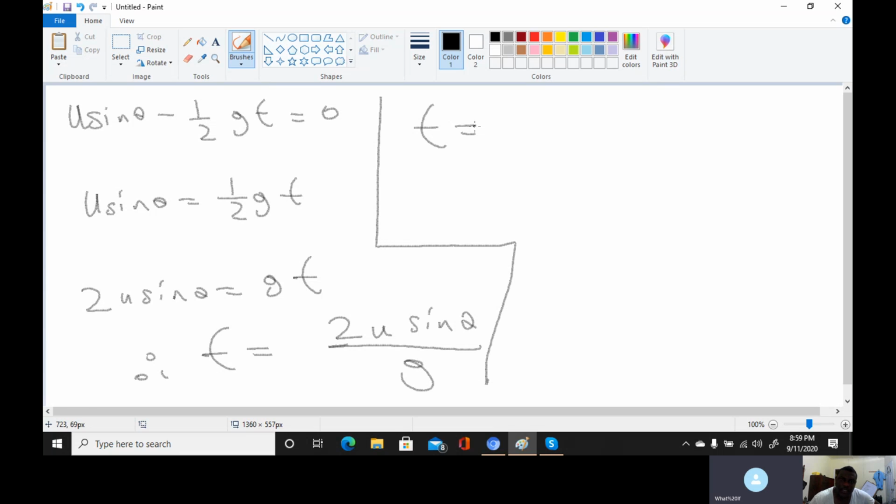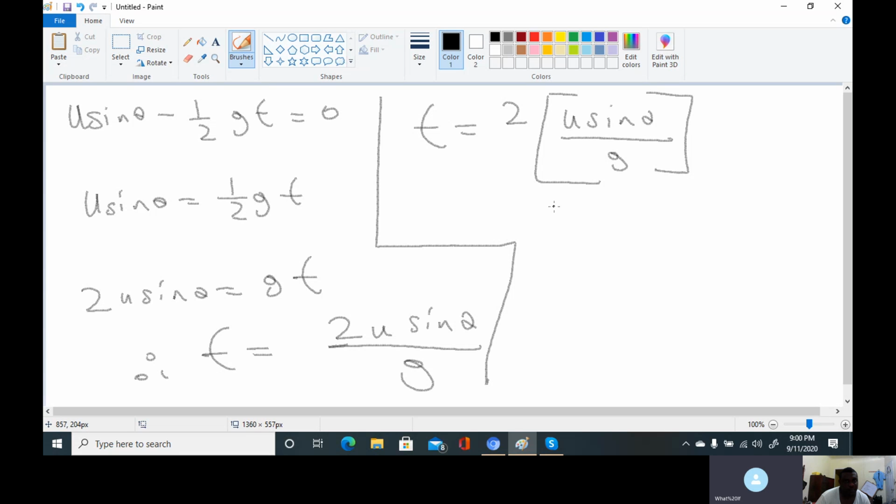So t is equal to 2u sine theta over g. Remember, this was what we got for halfway, right? Yes, sir. u sine theta over g is what we got for half the time, right? Yes, sir.